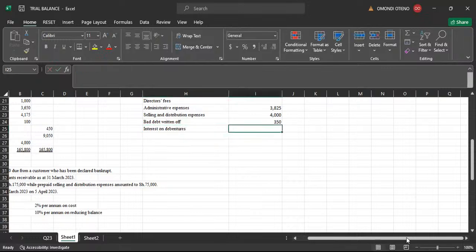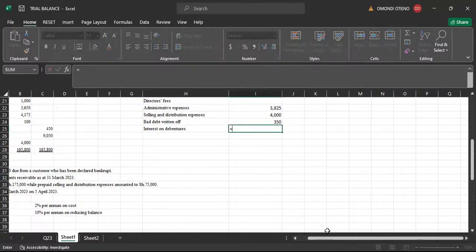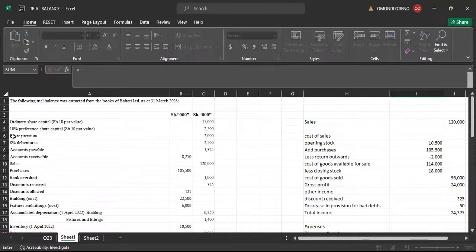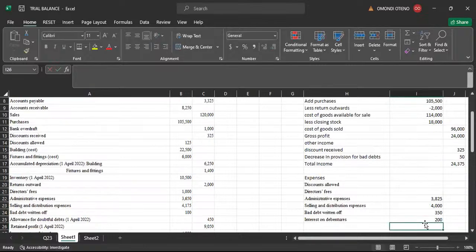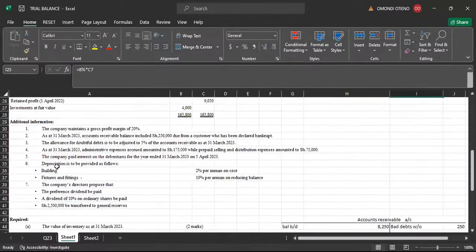So one, it will be an expense and then taken to current liabilities as an accrued expense. So debentures here, we are told that the interest rate is 8% of the debentures value, which is 2,500. So that entire interest is accrued. So this one will also be a liability.